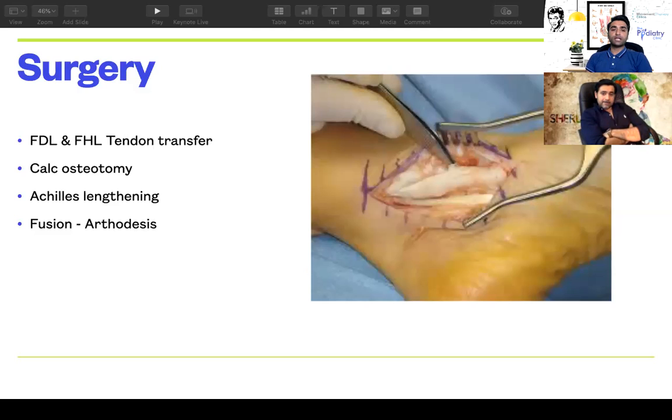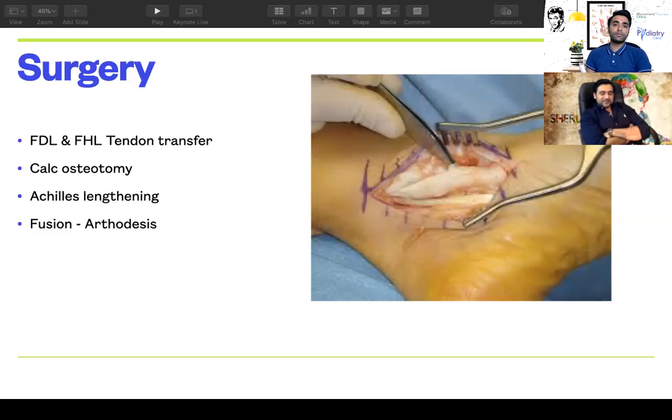FDL and FHL tendon transfers are more like in stages 3 and 4. Generally they take another tendon and replace the affected tendon with it. What is FDL? What is FHL? It's a tendon of another muscle, to keep it simple, and they basically replace the tendon of tib post with it.